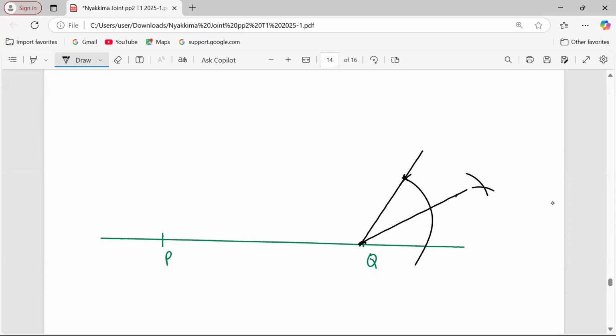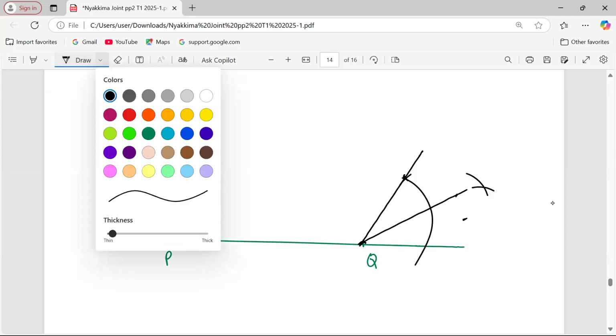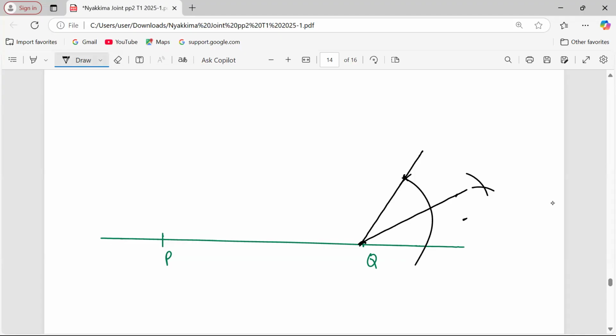So when we bisect 30 to obtain 15, now let me bisect that. So I stand on these arcs, we make an arc, then we make an arc again. When we join here, we will be having our 15 degrees. So that is equal to 15.